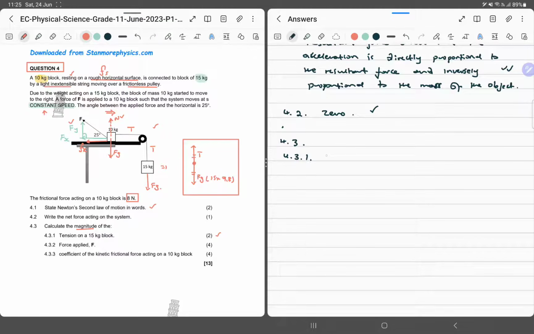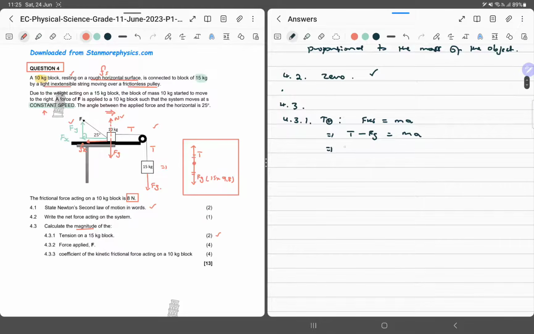So we know that, well, if we choose down as positive, for example, maybe let's choose up as positive. I don't know. So we can simply say, with up chosen as positive on that object, the resultant force F res is equal to ma. We're using Newton's second law. This means up is positive, tension minus Fg is going to be equal to ma.